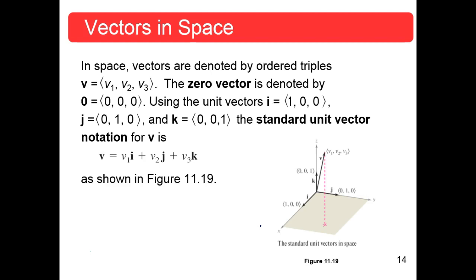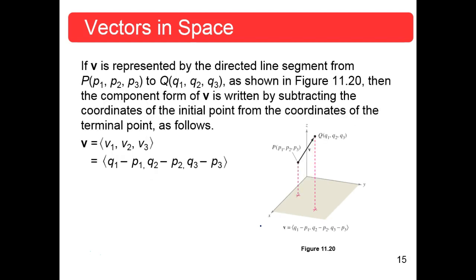So you do some v1 times your i vector, that might get you out to here, then some v2 times your j vector, however many times that goes, and v3 times the k vector, and that's how much you go up there. So that's how we represent the vectors in three space. This notation or that notation, either one, whatever fits your problem best.